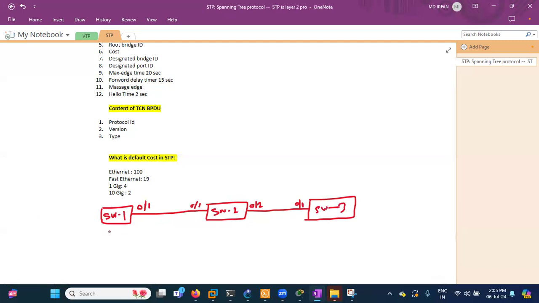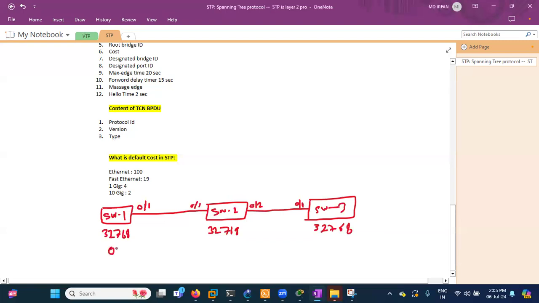And the priority is 32768 by default, 32768, 32768. By default priority.